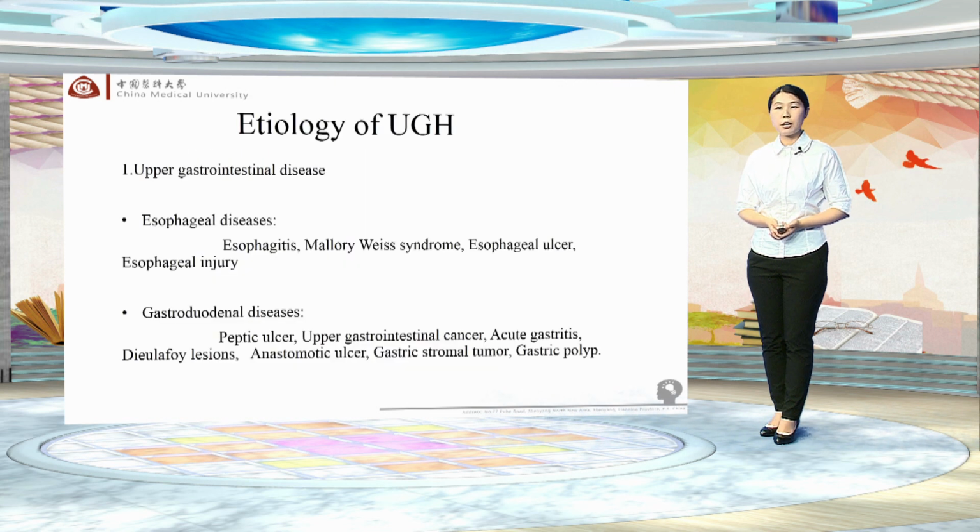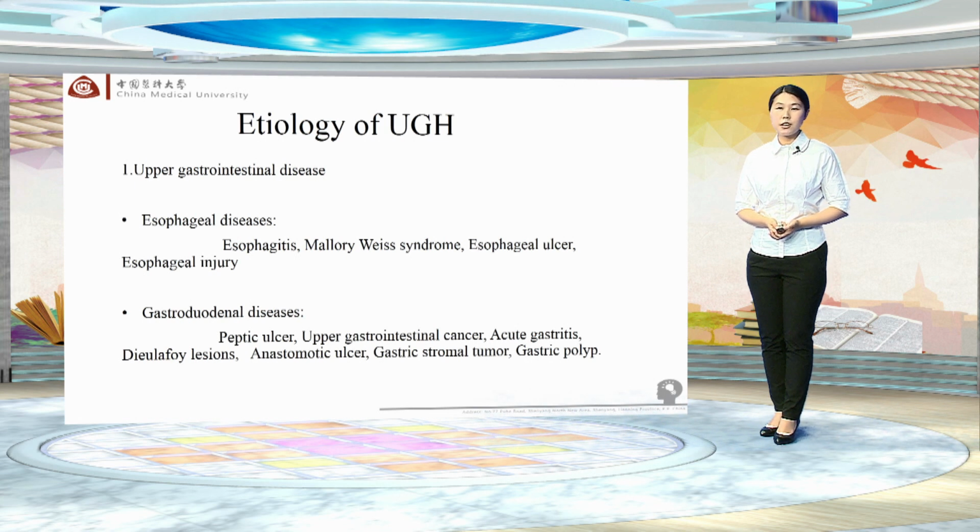In addition to the above four common causes, there are also many other diseases that can cause UGH. Let's take a look. Of course, the first kind is upper gastrointestinal disease. It includes esophageal disease such as esophagitis, Mallory-Weiss syndrome, esophageal ulcer, esophageal injury, and so on.